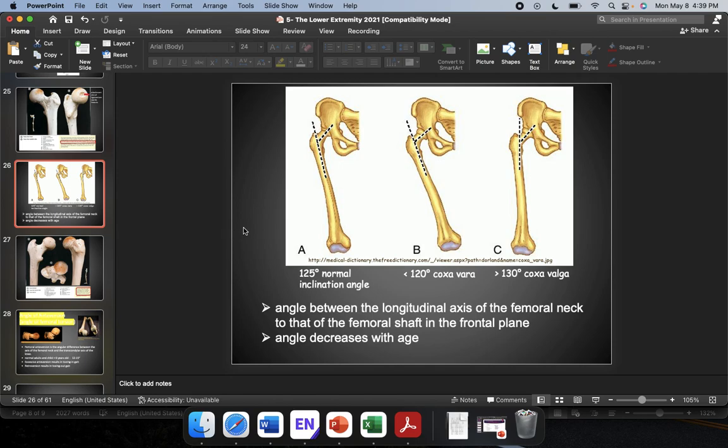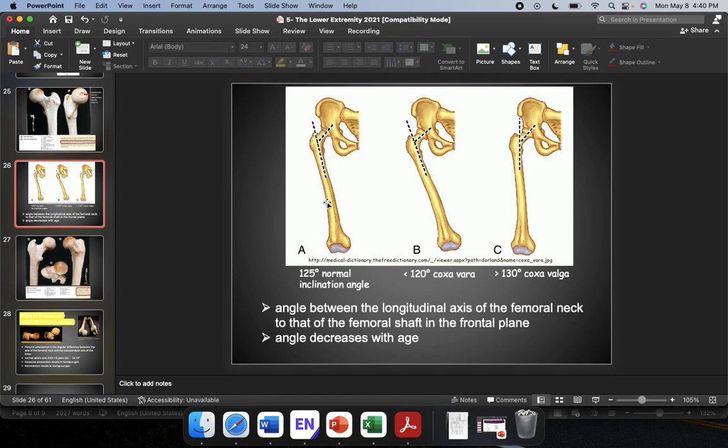So similar to the humerus and the angles that occur at the humerus, we're going to have angles within two planes in the femur. So we're going to have an angle of inclination, and then we're going to have an angle of retroversion or anteversion, and in the femur's case, it's an angle of anteversion for the most part.